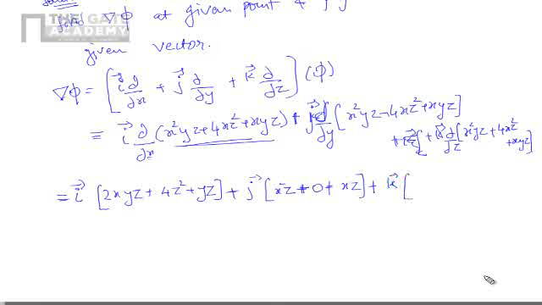X and y are constants because I am going to do partial differentiation with respect to z. So this will be x square y plus xz square means I will get it as 8xz plus xy. So this is what is del phi.